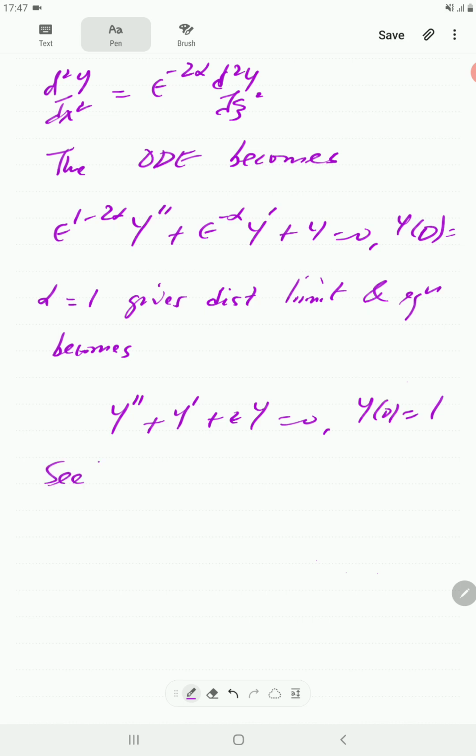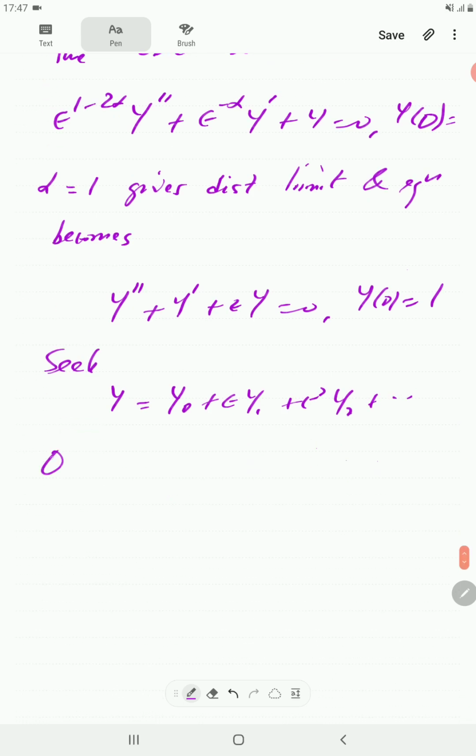And then, as before, we seek a regular solution of this form. So when we do that, at order 1, we are going to have y naught double prime plus y naught prime equal to 0, y naught at xi equals 0 is 1.